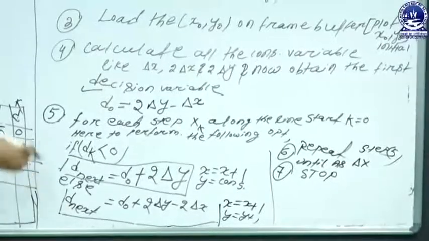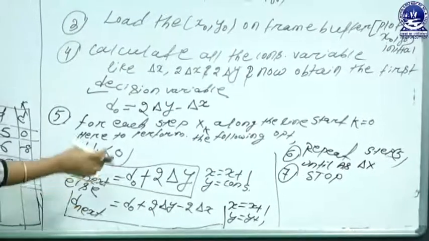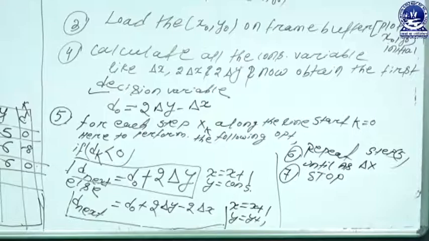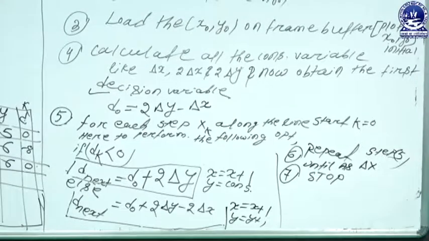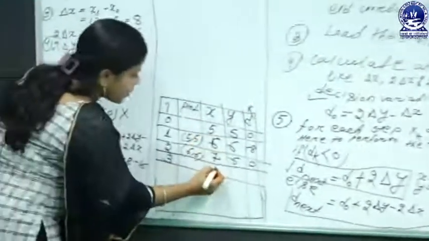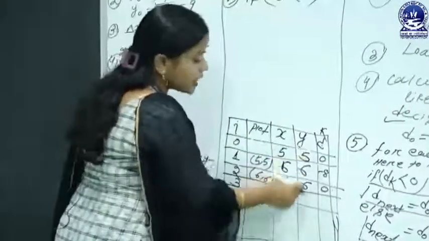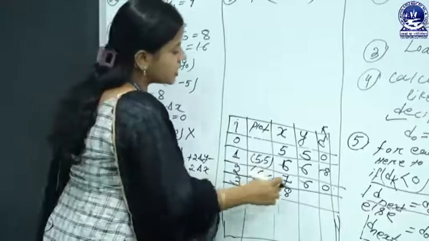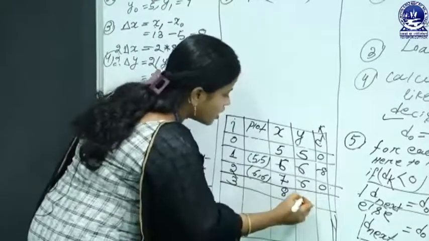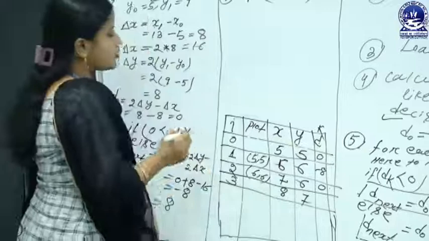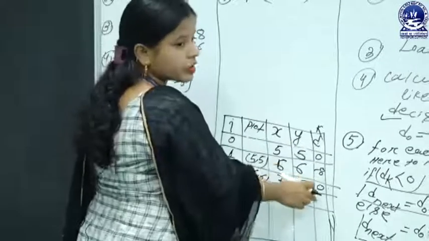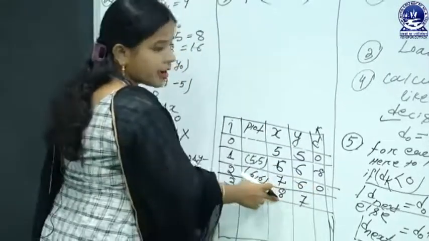So when the else condition is satisfied, both the x coordinate and y coordinate values are incremented by 1 unit. That means the x coordinate is incremented by 1 unit, 7 plus 1, that's 8, and the y coordinate is incremented, 6 plus 1, that's 7. Okay, after that we generate the decision variable value from the given pixel points.